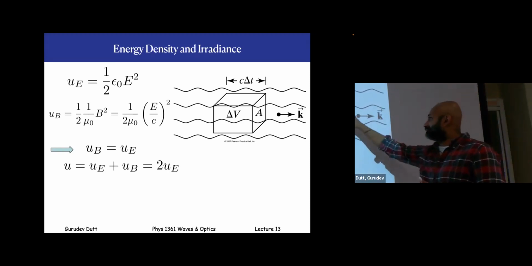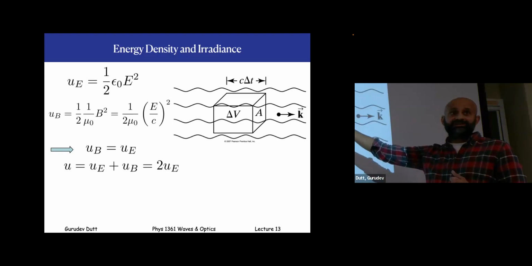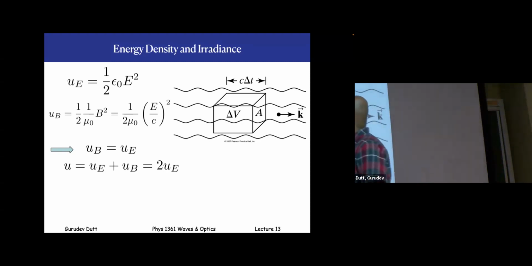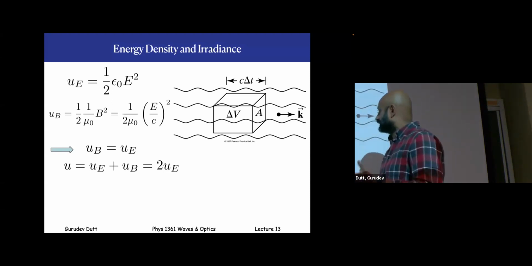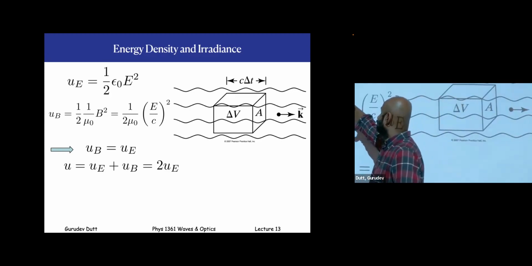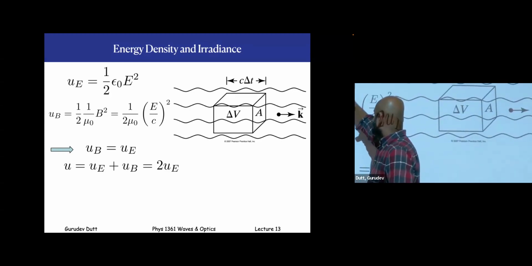We can also derive that from the energy density in an electromagnetic wave. We know that the energy density in an electric field is half epsilon naught E squared.